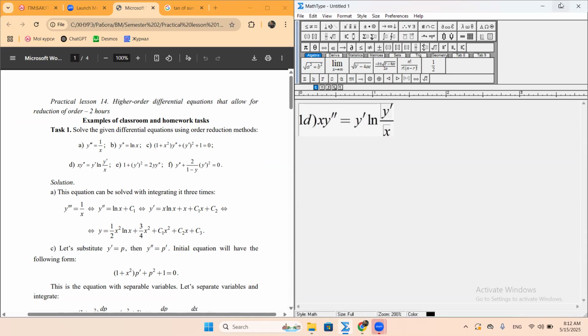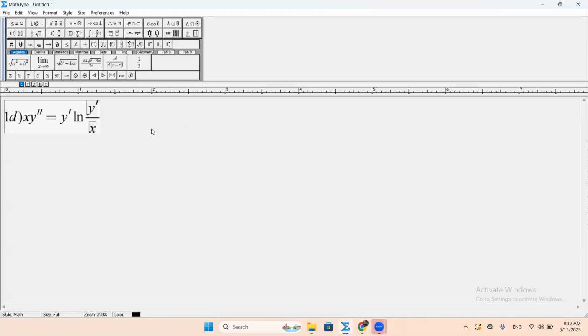Again, it is a differential equation of the second order, and here we don't have the zero derivative, so we will use a parameter. So p equals y prime, then p prime equals y double prime.